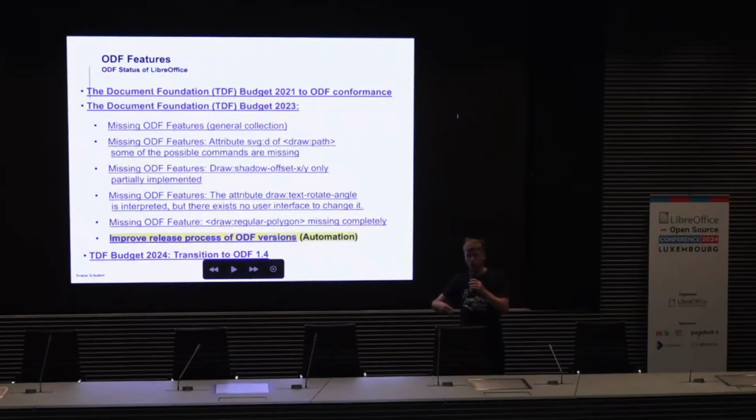What we agreed on is a 30-day vote. They changed all the voting times, but the idea is that if somebody comes along and says, I need a new feature in ODF because it comes from OOXML, I'd like to have it in, but I'm not allowed to use this namespace unless it's in a spec.